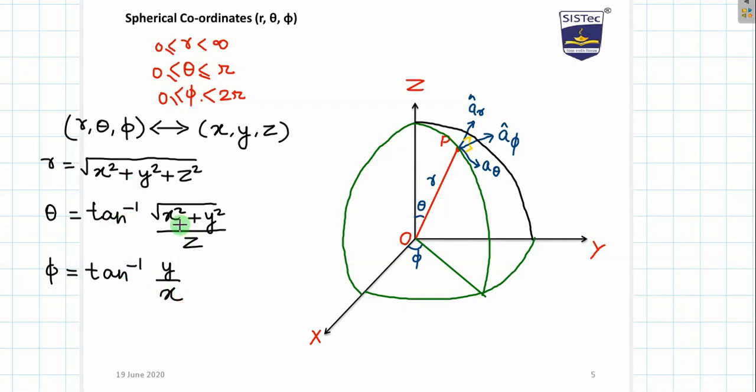Okay, so for simplicity we can draw one more diagram. Through one more diagram I can make you understand this, and that will help you to understand it in a better way.